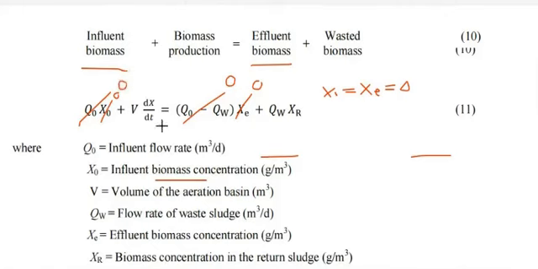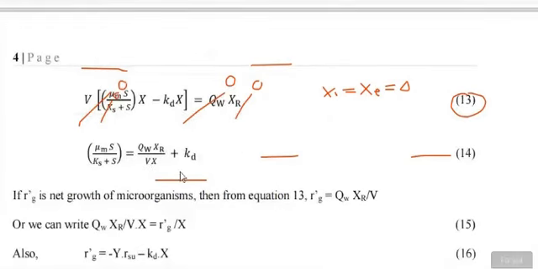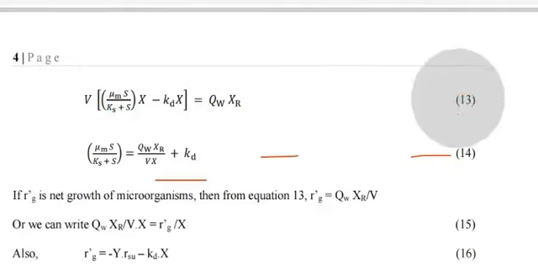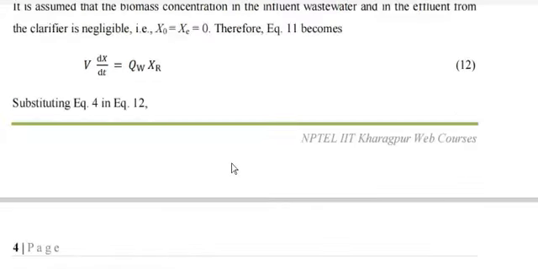Now we can write this as V dx by dt is equal to Qw into Xr. So we modify equation number 11 this way.